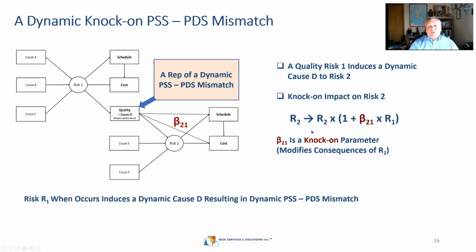Now we have a cross interaction. Risk one modifies risk two, and we have that formula, where the beta one parameter is the knock-on parameter, which modifies consequences for risk two.